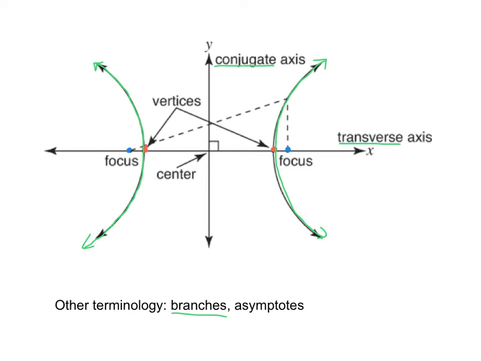A hyperbola has a center that's not technically a point on the hyperbola itself, which isn't super strange. A circle has a center that's not part of the circle. An ellipse has a center that's not part of the ellipse, but that center is an important part of the measurement. We also have asymptotes that we saw.